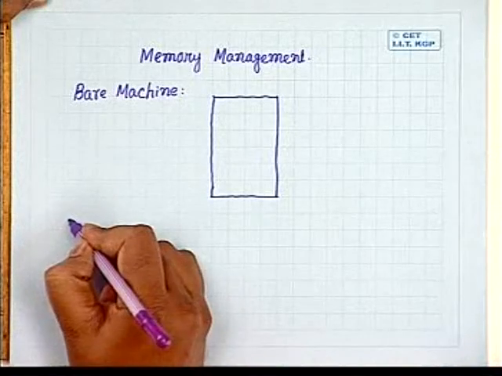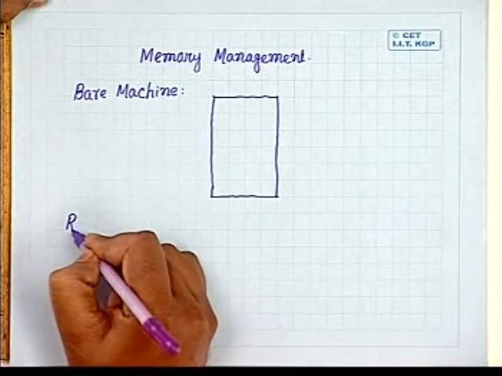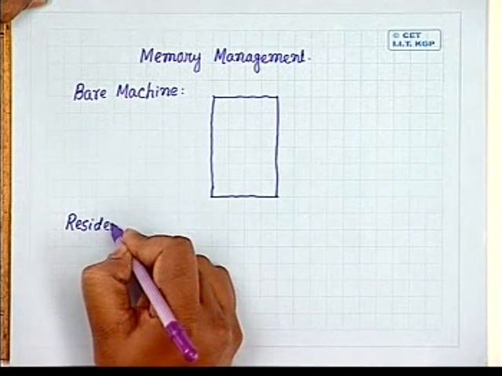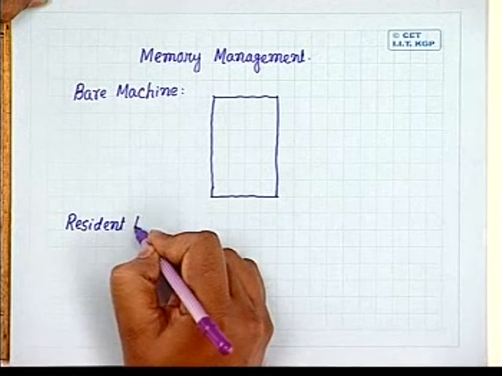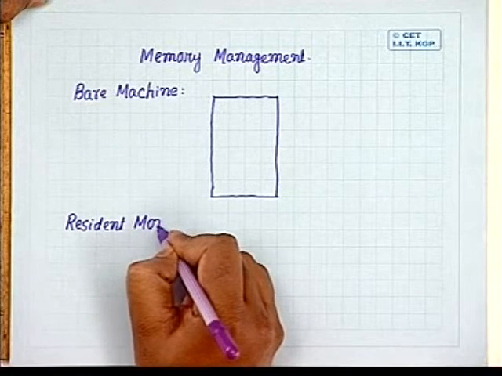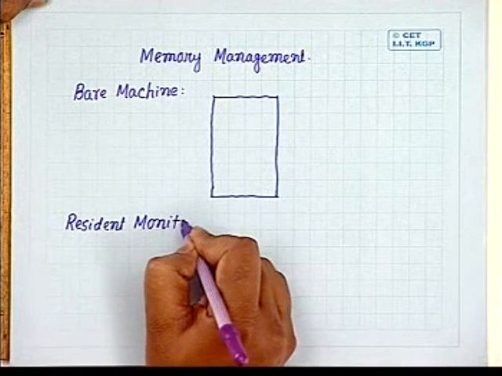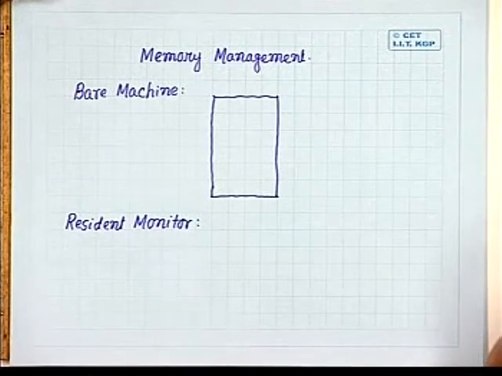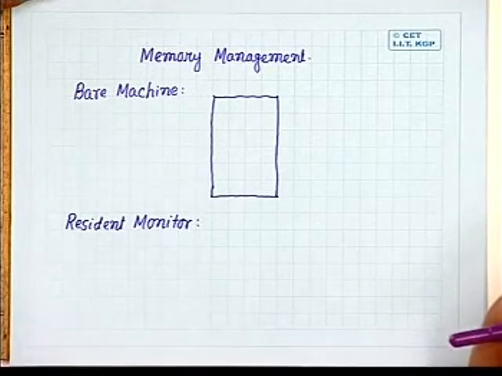The memory model in the computer systems that we use is called the resident monitor system. That means a part of the operating system always resides in the memory.